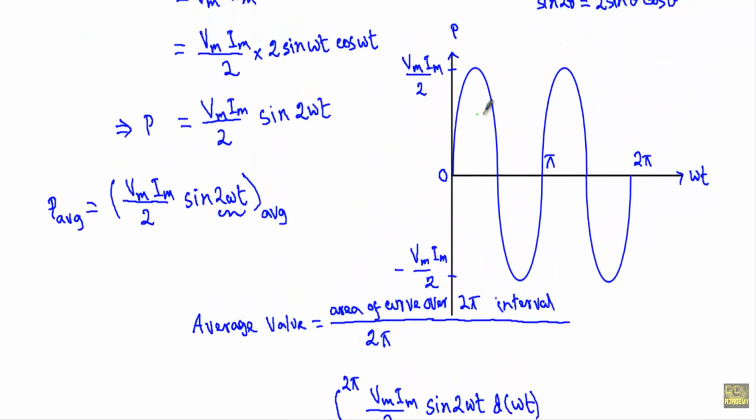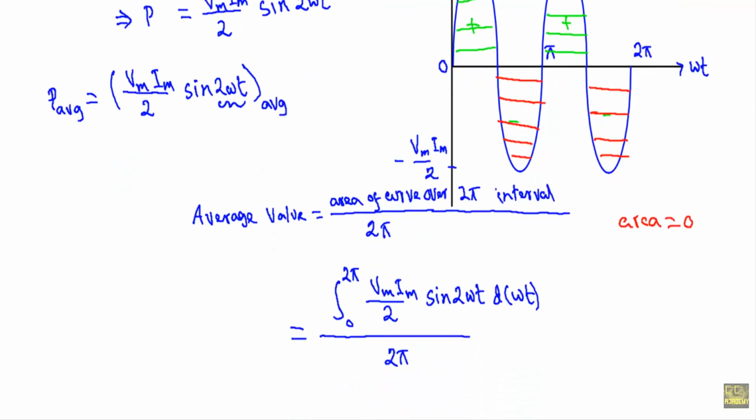Within the 2 pi interval I will have 2 positive half cycles and 2 negative half cycles, and the area of the positive half cycles will be cancelled out by the area of the negative half cycles. Therefore the area covered by the instantaneous power will be equal to 0, because positive and negative areas are equal.